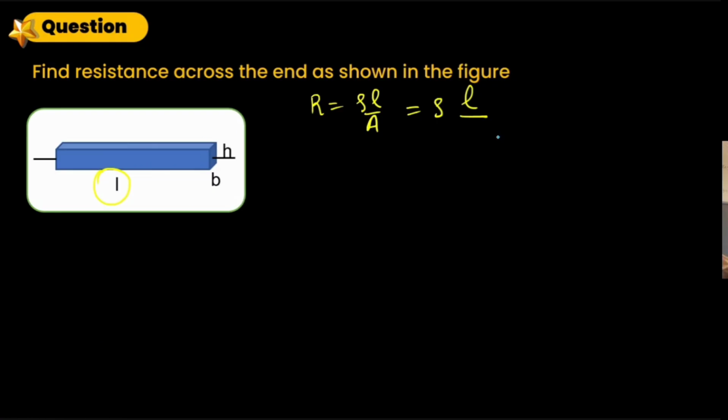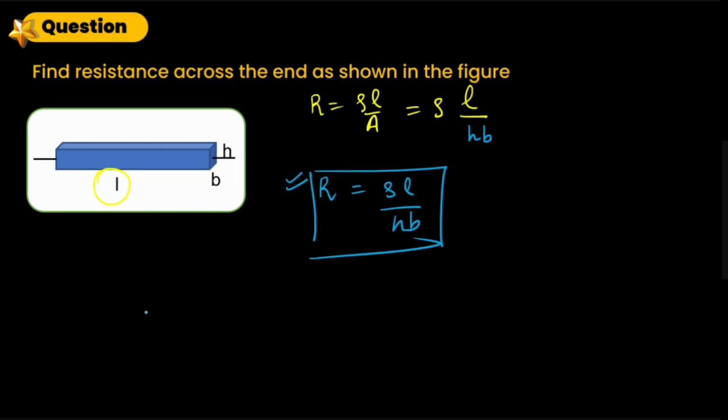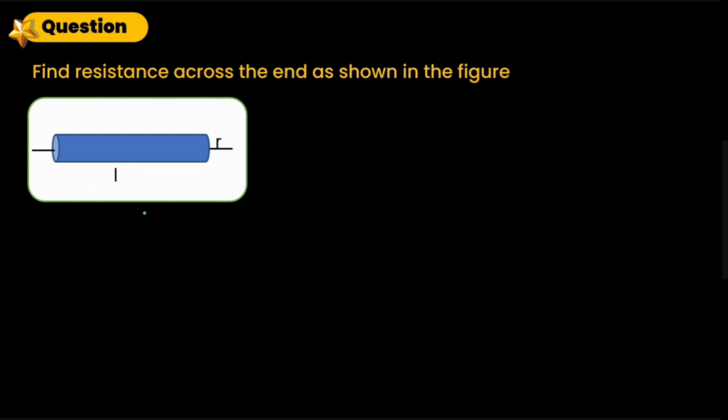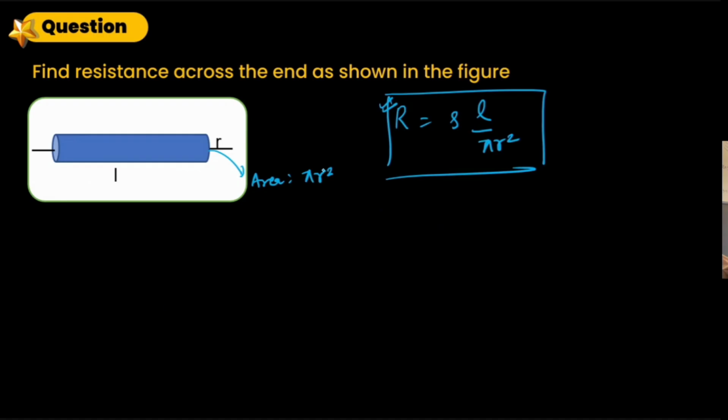H times B. Yes, it's H times B. So rho L by HB. That is the resistance of this wire or conductor. Similarly, this area must be pi r square. So resistance would be rho L by pi r square. Okay.